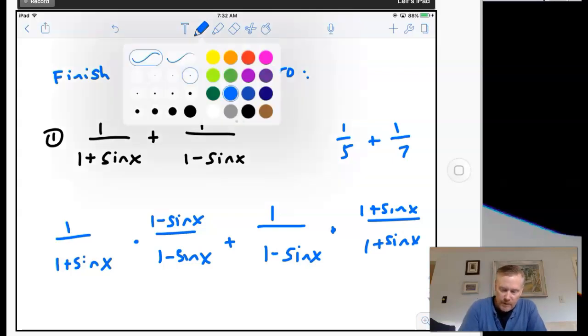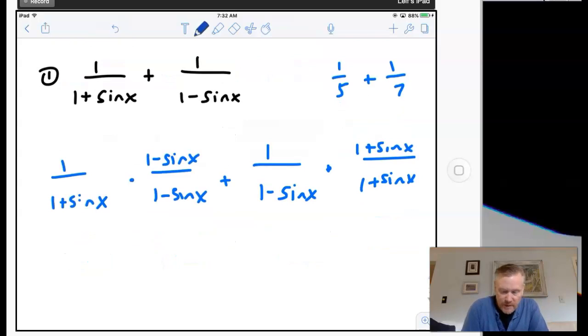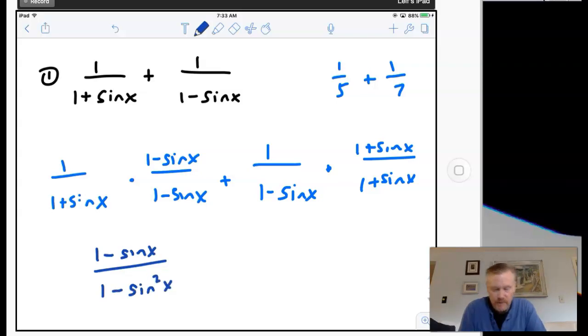Okay, and when I multiply those together, the numerator will stay the same. But when I multiply the denominators together, that's a difference of 2 squares, which gives me 1 minus sine squared. Sine of x times sine of x is sine squared of x.